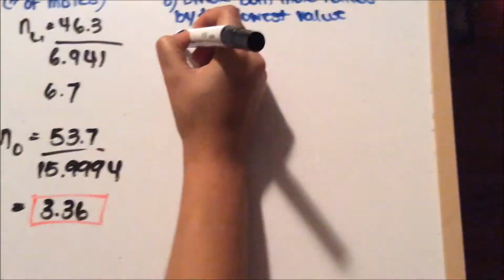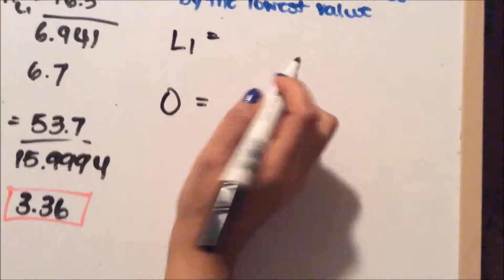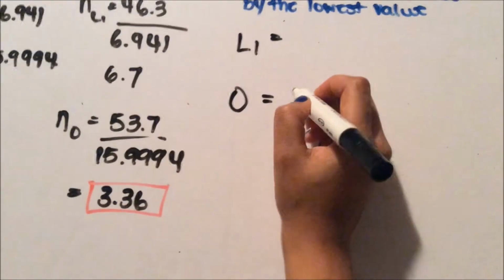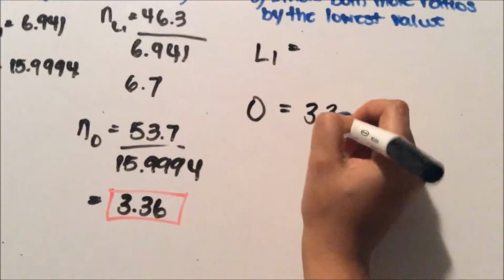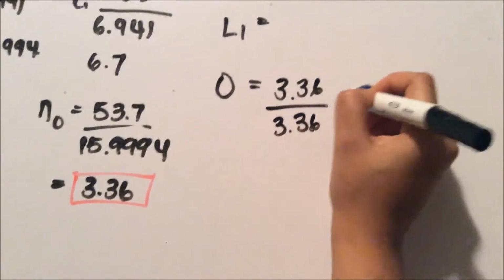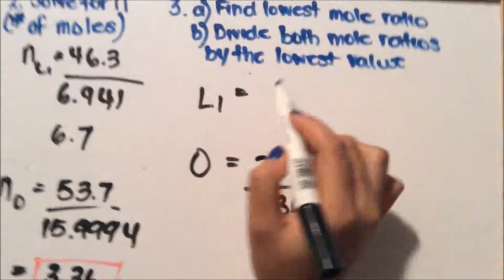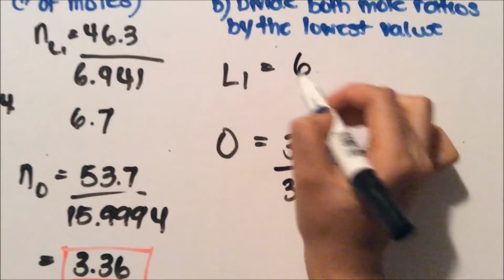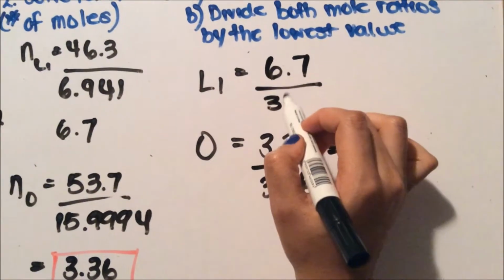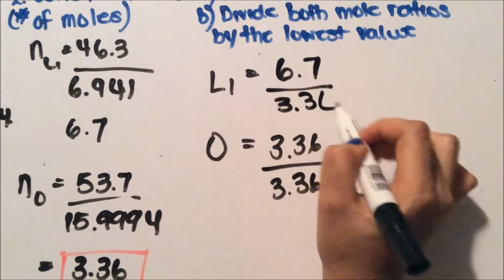it is oxygen here. So we're just going to do Li is equal to and O is equal to. And we're going to take this number and divide it by itself since it's the lower one. 3.36 divided by 3.36 is equal to 1. And then for lithium, 6.7 divided by 3.36.